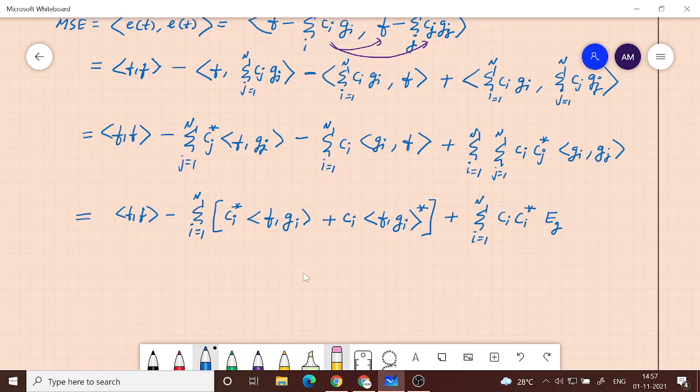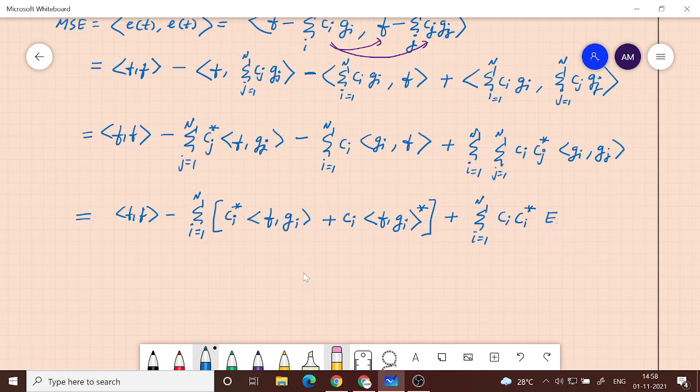That is the case where i equals j, and I am putting j equal to i here. And this inner product will become Eg, energy of the g of t signal. Sir, is it the energy of the error signal? Energy of the signal, okay, I think I have to improve this.